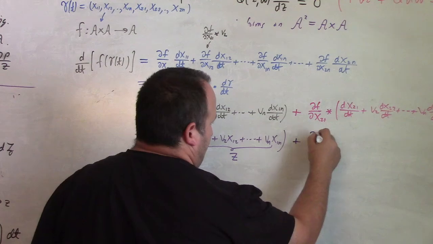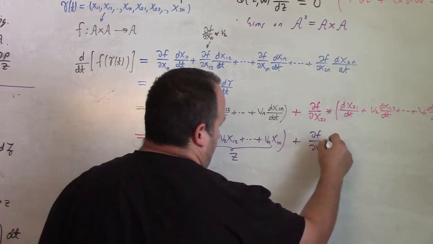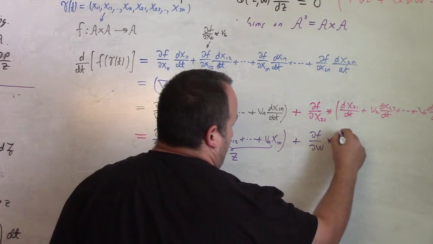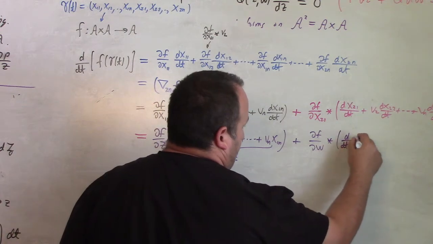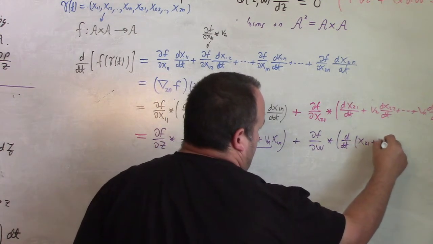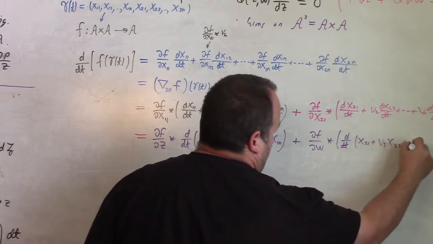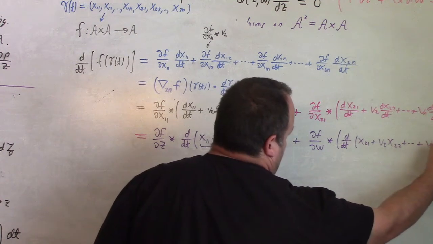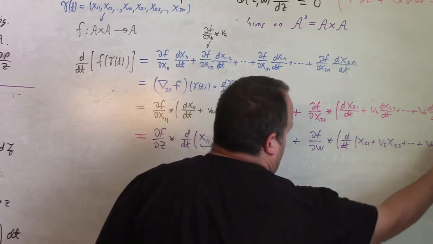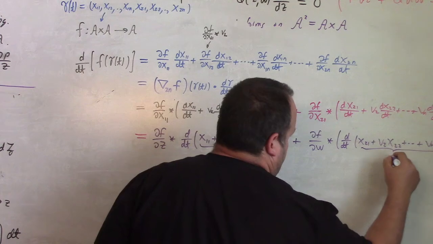Same thing over here, except this one is partial f, partial w. And then this is d/dt of x21 plus v2 x22 up to vn x2n. This is straight up w.